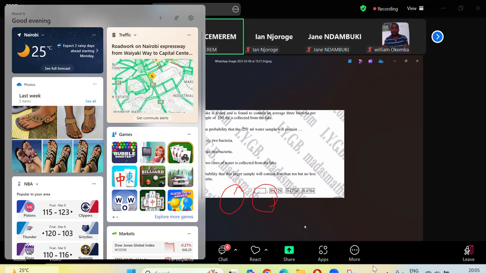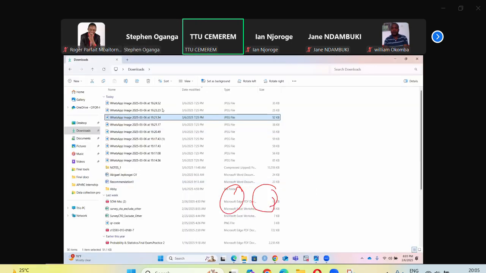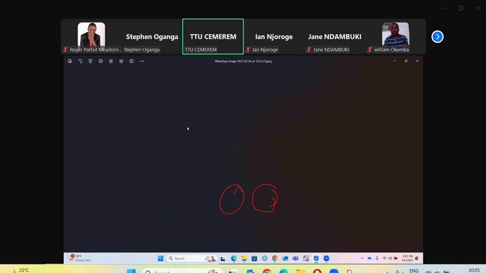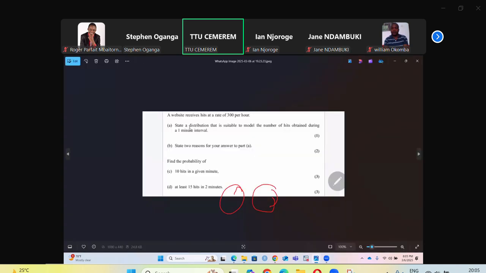Okay. Abigail, another screen. Our website receives hits at a rate of 300 per hour. State a distribution that will be suitable to model the number of hits obtained during a 1 minute interval.